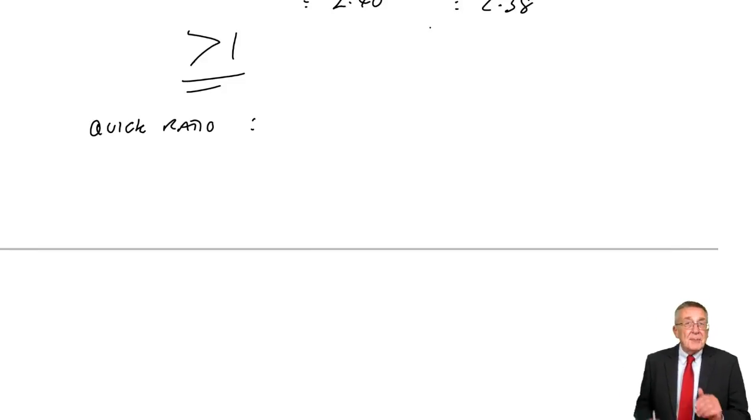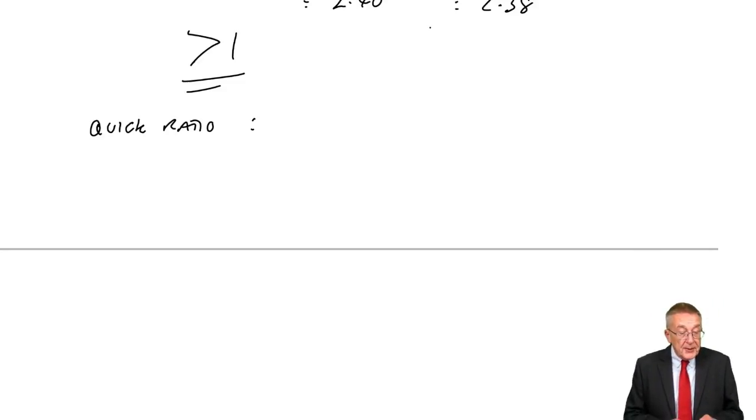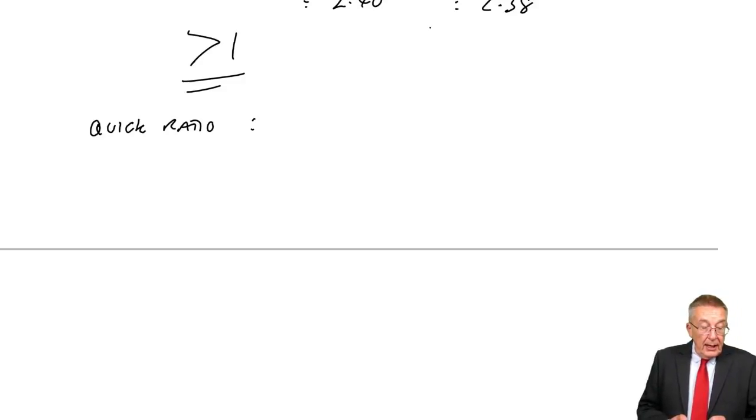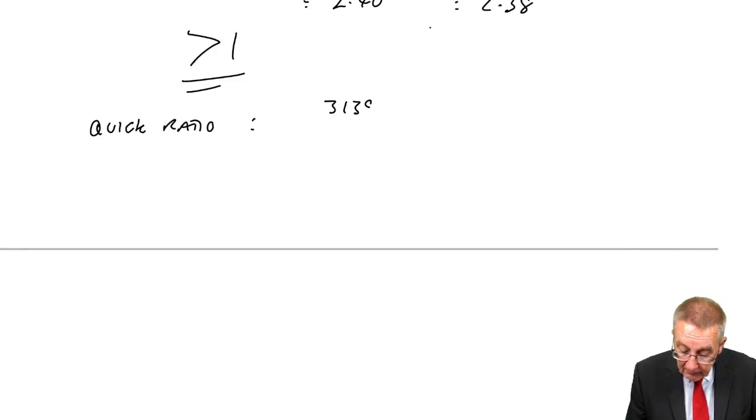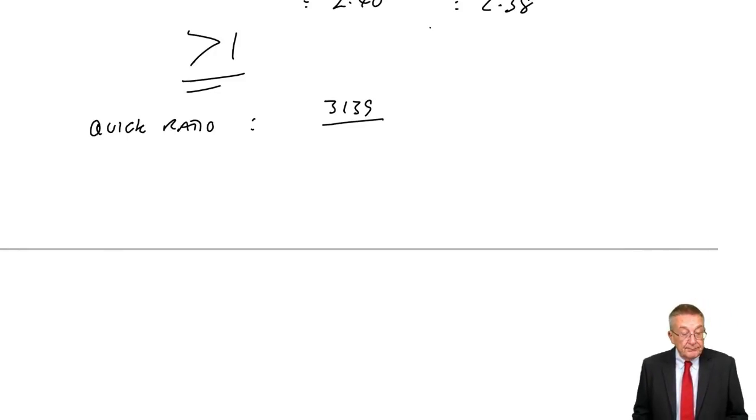And so, quick ratio, exactly the same idea, but we exclude the inventory. We take the current assets minus the inventory and divide that by our current liabilities. So in 2010, if we exclude the inventory, we've got receivables 2275, cash 864, 3139.